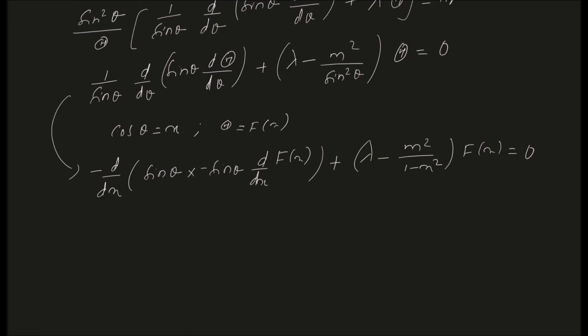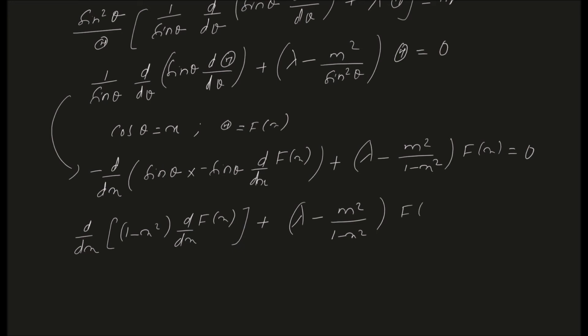Or you can write it as d by dx of 1 minus x square d by dx of f of x plus lambda minus m square by 1 minus x square into f of x is equal to 0.